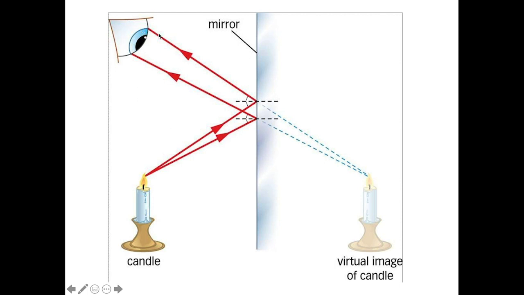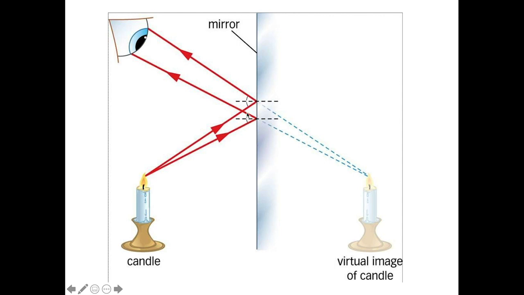Exactly what's happening is, for example, maybe I have a mirror surface and then I have a candle in front of me. I'm looking down at my mirror at the candle. The light from the candle is bouncing off the surface of the mirror, and it's bouncing off at that same angle as it came in. So let's say this is a 25-degree angle.